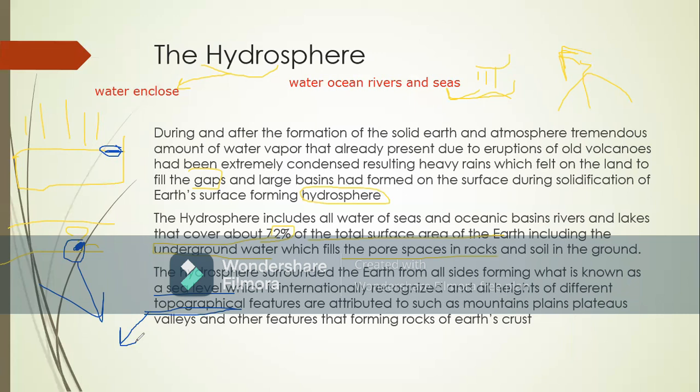Topography means the heights of the Earth, like plateaus, mountains, and so on. If I want to measure the height of a mountain, I should start from a point on the sea level and go to the highest point of the mountain, because sea level is equal.